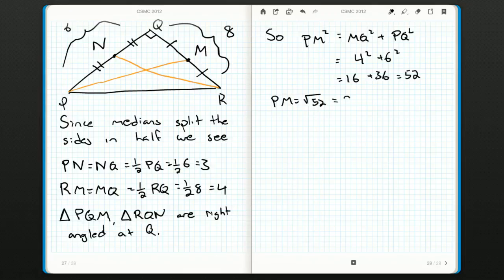52 has a factor of 4, so we can bring that out. We get 2 root 13. And the other length that we want, RN squared.